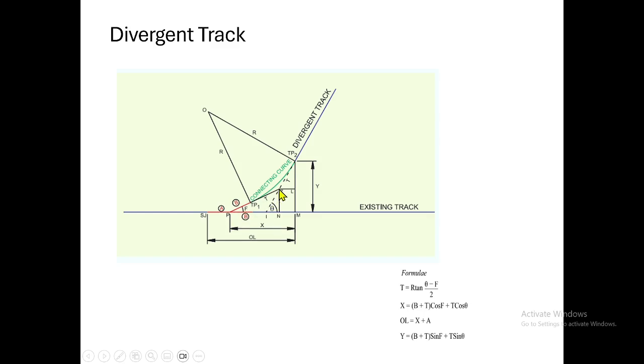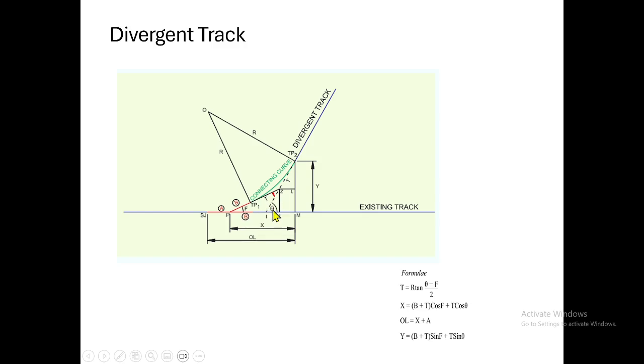Suppose you take this triangle. This angle is your deflection angle, and this angle is also equal to the deflection angle. We have already seen in this triangle that the exterior angle equals the sum of the opposite interior angles. That is the rule.